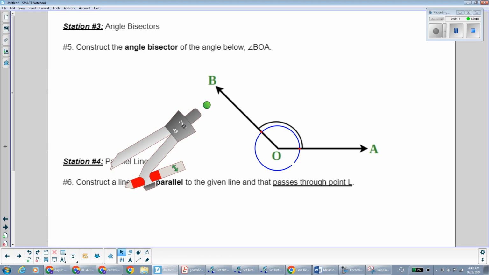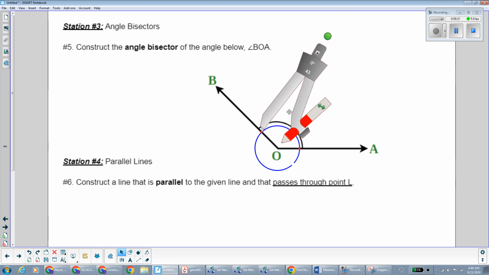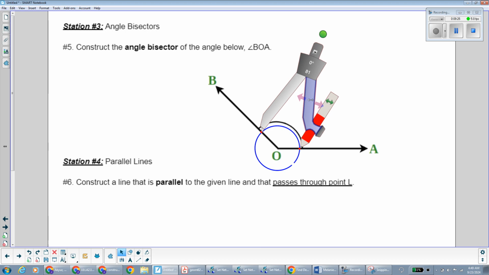So we're going to go over to each of those intersection points. And the distance that we're going to be using is we're going to measure from one intersection to the other as best as I can. Let me use a different color to swing this circle.